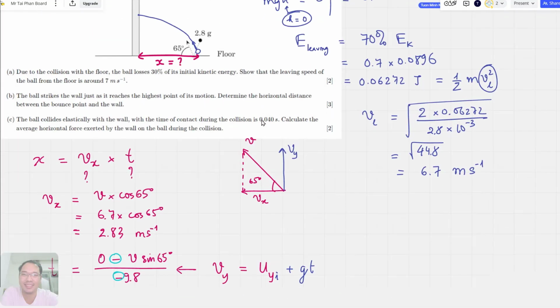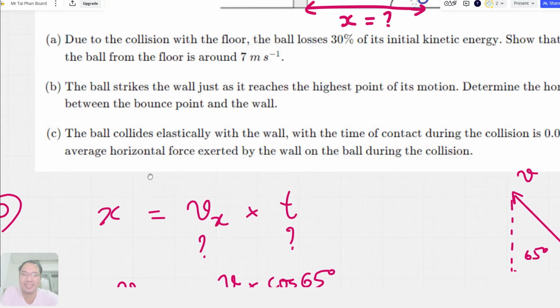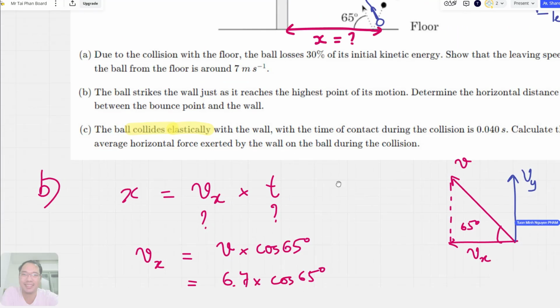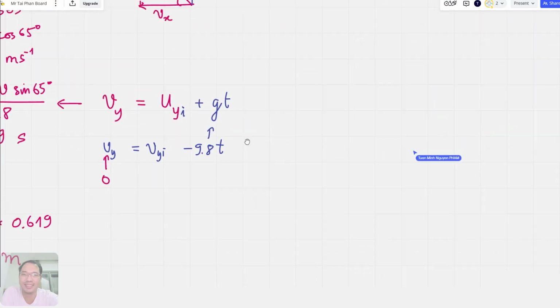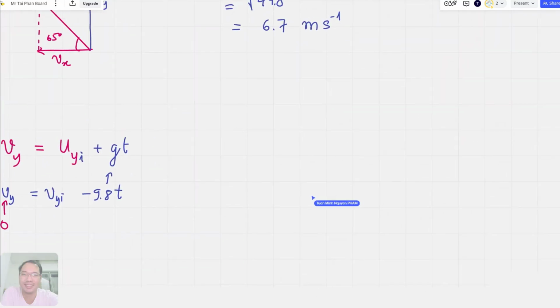We're given the time, and the collision is elastic. The key point that most students do not know how to solve this problem is elastic collision, which means the energy is conserved, not lost during the process. How do we know the velocity of the object after the collision?